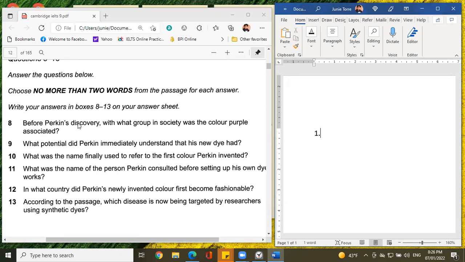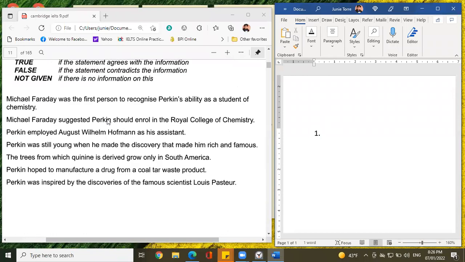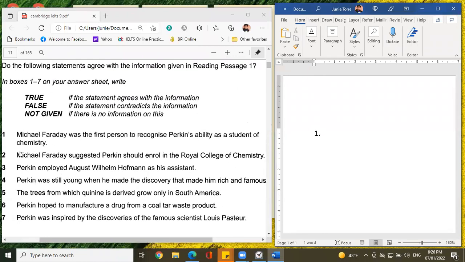Before Perkins' discovery, with what group in society was the color purple associated? So, okay, it's either no more than 2 words or the true false not given. Okay, so it doesn't matter to me, either one of them. I love both question types. So Michael Faraday was the first person to recognize Perkins' ability as a student of chemistry.